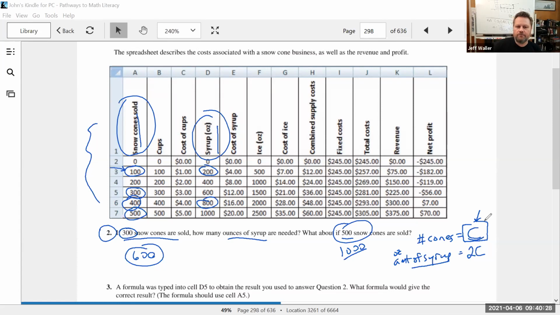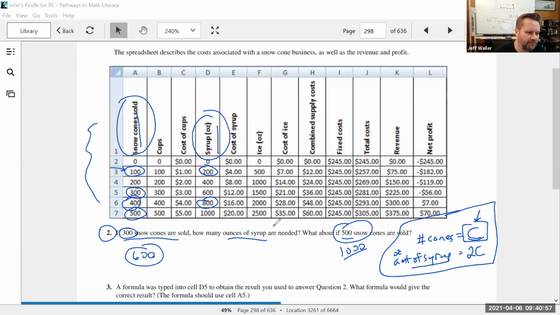So if it could be any number of cones, is there something that I always do to figure out how much syrup? Yeah, I just double the number of cones. So that relationship is captured right here. So I can make an equation now. What letter do you guys want to use for ounces of syrup?